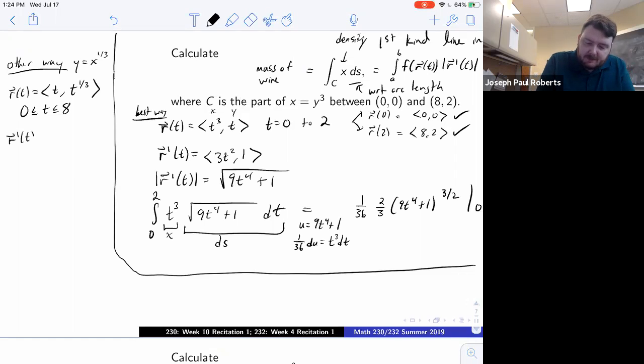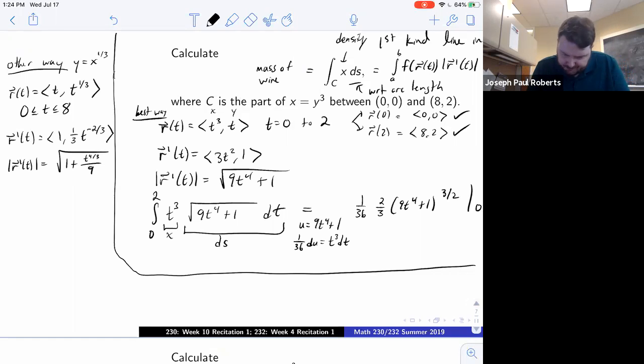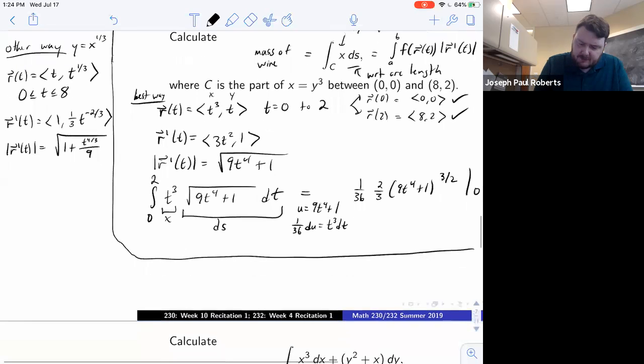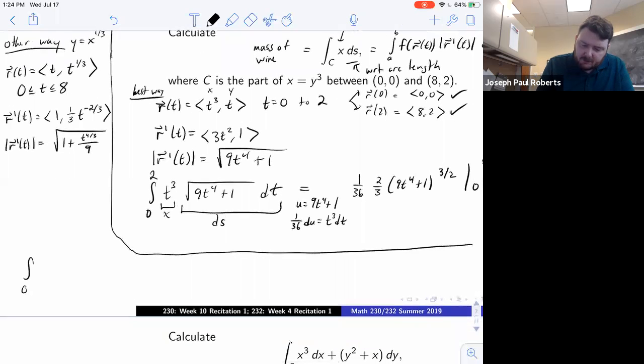r prime of t is 1 comma 1/3 t to the minus 2/3, the derivative. And then the length of r prime is the square root of 1 plus t to the 4/3 over 9. So if we set it up using this parameterization, we get the integral from 0 to 8 of t.